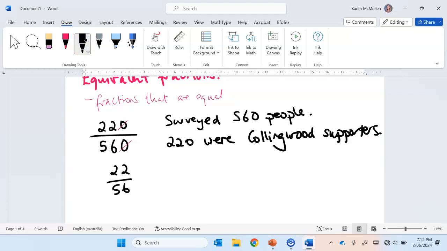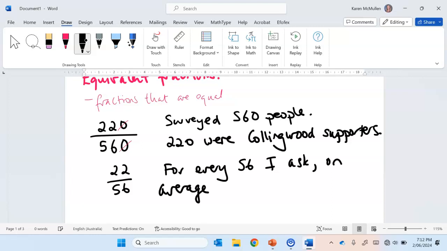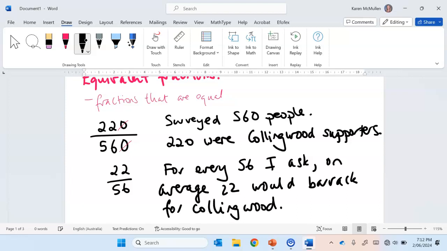So basically this could say for every 56 people I ask, on average 22 would barrack for Collingwood. Okay, so same population, but instead of asking everyone again, we could just ask 56 people, and it would be expected that out of that 56, 22 would barrack for Collingwood.